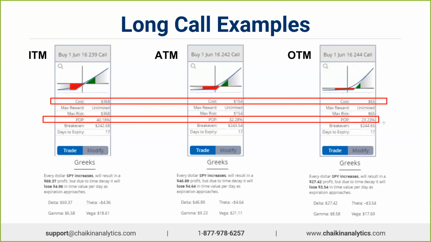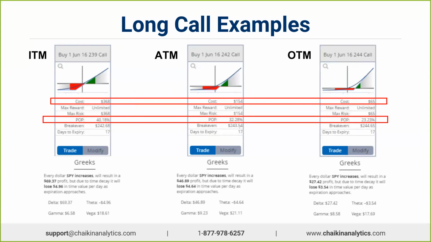Now, the probability of profit, POP, changes. The in the money option, with higher delta, is going to have a better probability of profit. That's because its break-even number is going to be lower. It has more intrinsic value, so it's quicker to get to.